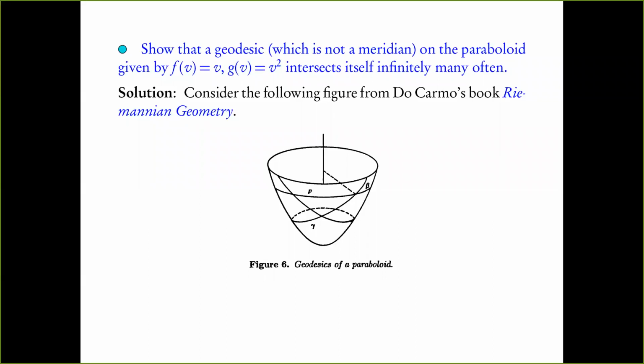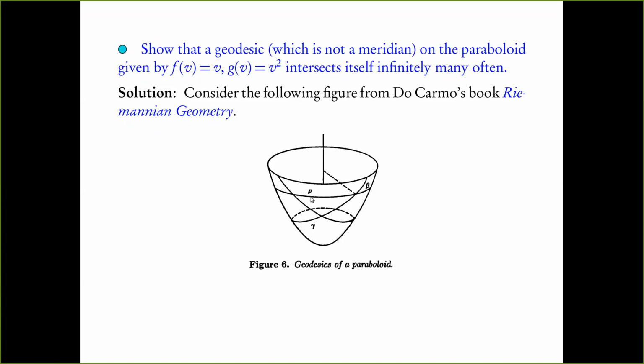So you have to fix a parameterization for the parallels and one for gamma, but gamma already comes with a fixed parameterization, let's say unit speed. In this case, let's say gamma moves up, so the velocity vector points up and slightly in this direction. For each of the parallels, you have to consistently choose an orientation, and we'll use the convention that each parallel is oriented counterclockwise.